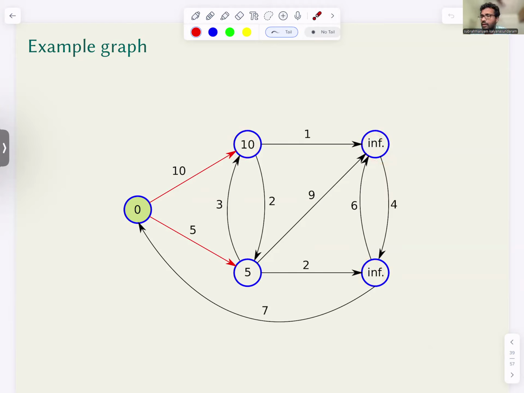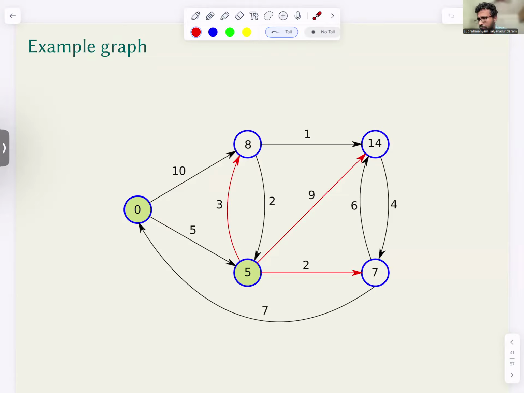All the neighbors of 5, because 5 plus 3 is 8, and 8 is smaller than 10, so this will be updated to 8. 5 plus 9 is 14, so this will be updated with 14, and here it will be updated with 7. So it has three neighbors, and all of these will be updated.